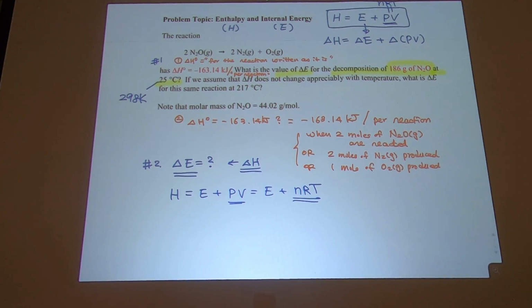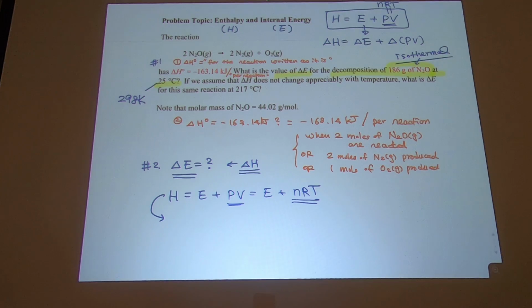What that implies is an isothermal situation, where your temperature is maintained constant. Therefore, the equation changes to delta H equals delta E plus, because these two are constant, the only thing that changes is delta n, and then RT remains. So it's delta n times RT, and that's how this is related.